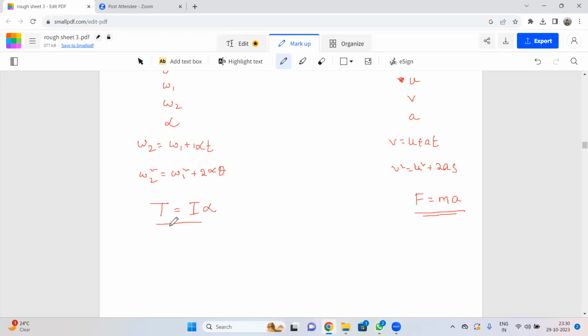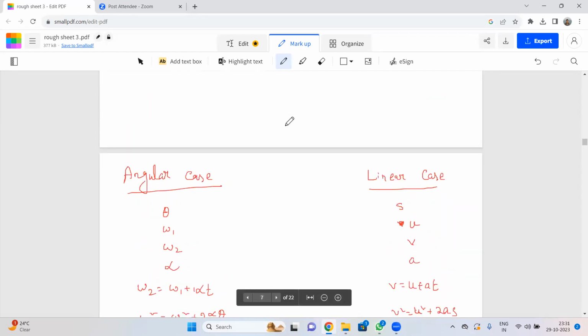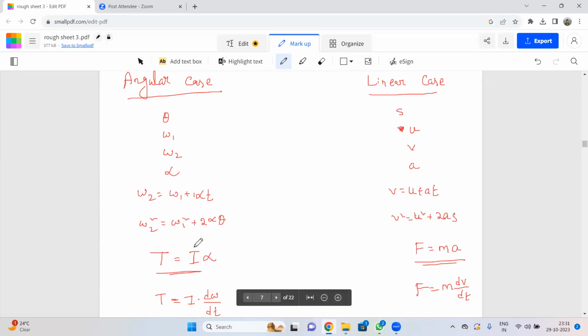So T equals I alpha. Like F equals m dv/dt, here similarly T equals I d omega/dt. So if you have angular cases, you can solve using these things also.